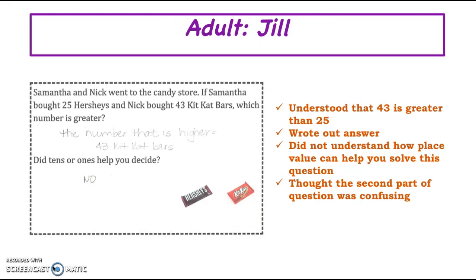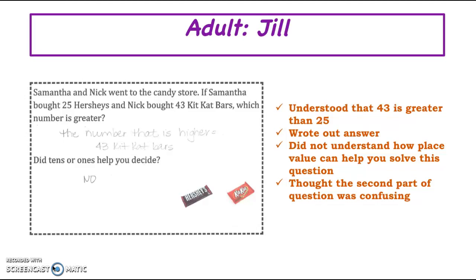So for this last question, after reading the question, she understood that 43 is greater than 25, so she arrived at the right answer. However, for the second part, which was really to test whether you understand place value, she was really confused by it, and she actually asked me, "What do you mean by this?" And I didn't tell her anything because I really wanted to know how she would interpret the question.